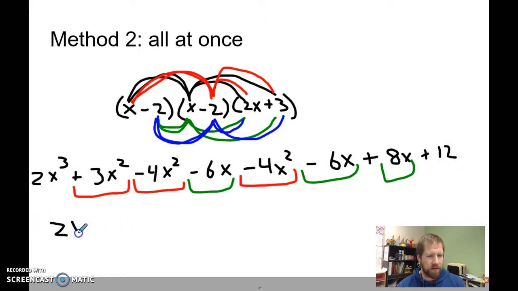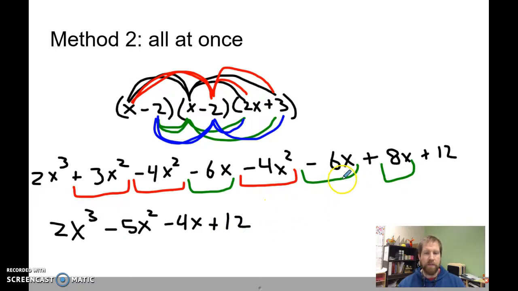So I'm going to bring that down. 2x cubed, positive 3x squared minus 4x squared would be a negative 1x squared, minus 4x squared would be a negative 5x squared. Okay. And then a negative 6x and a negative 6x would be a negative 12x, plus 8x would be a negative 4x, and then plus 12.